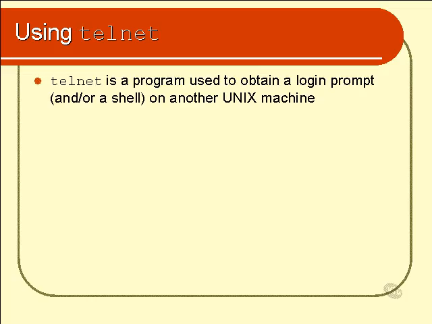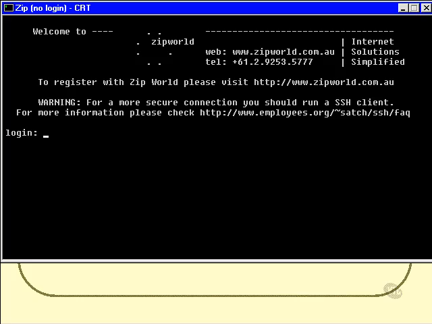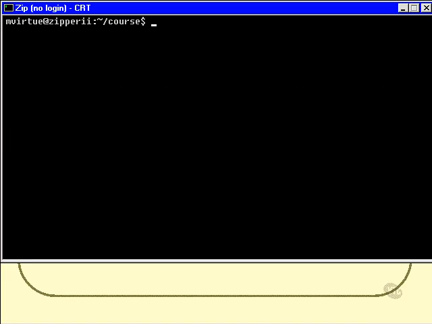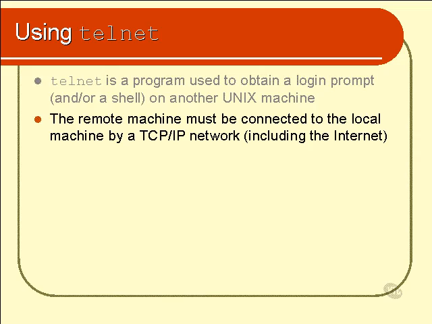So you can see the following screen is actually a typical login prompt on a Unix computer. I get the word login, I type in my login name, you've seen this before, and then I type in my password, and then at some point I end up with a shell. The important point is that the computer that I'm connecting to must be available to the local computer via a TCP/IP network.